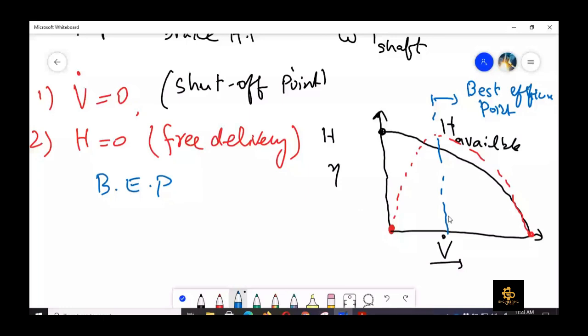But there is also a requirement from the piping system, and we call it H required. Because in a pump system, like in this figure, there is piping involved, and then there are friction losses, minor losses, major losses, as we discussed in internal flows.